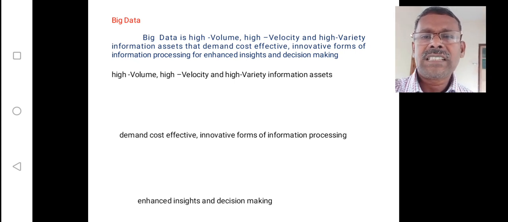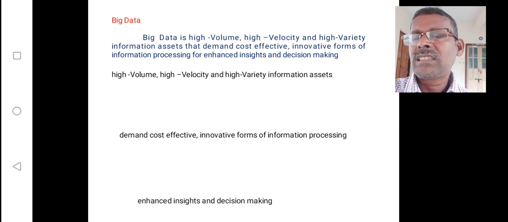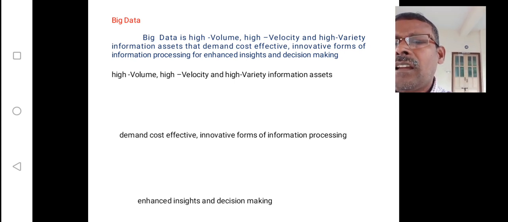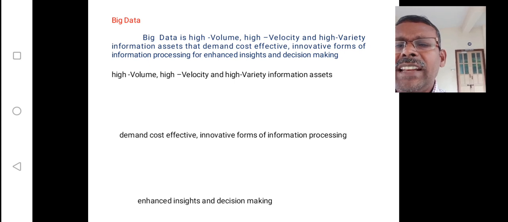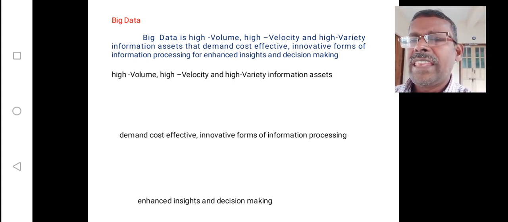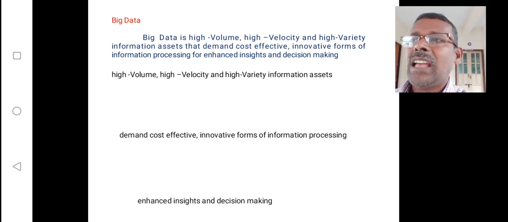In this definition there are three important things. First one, big data means high volume, high velocity and high variety information assets.